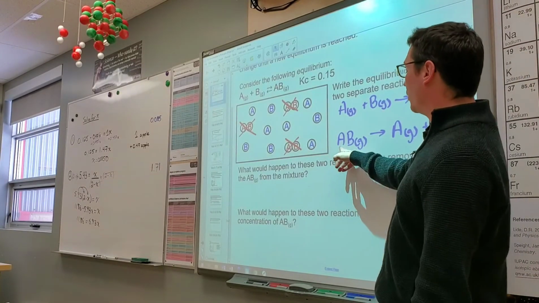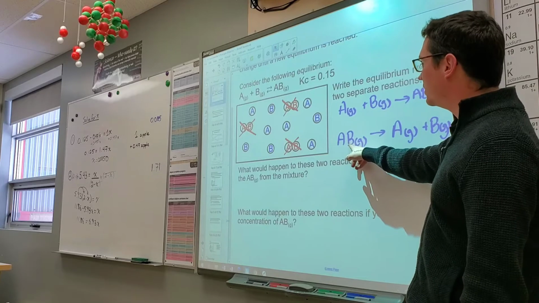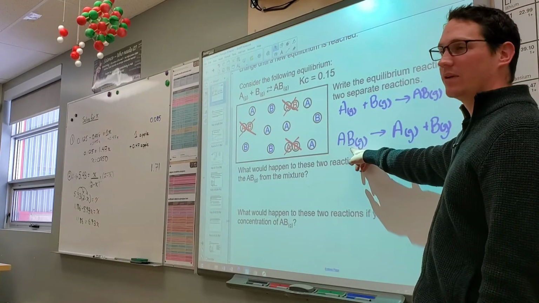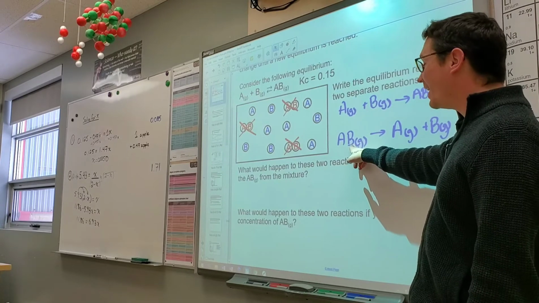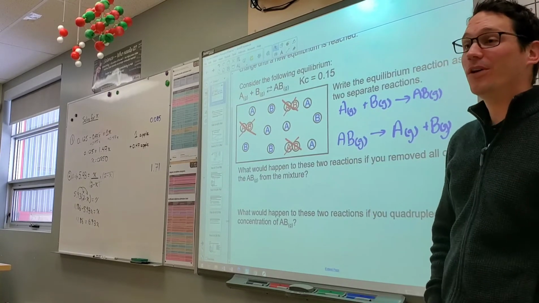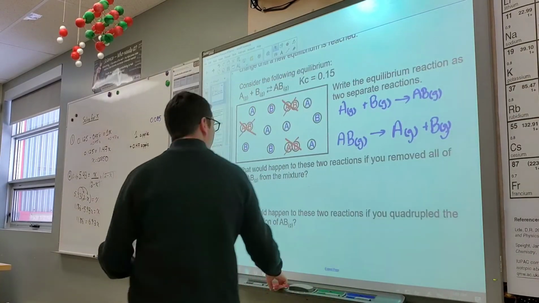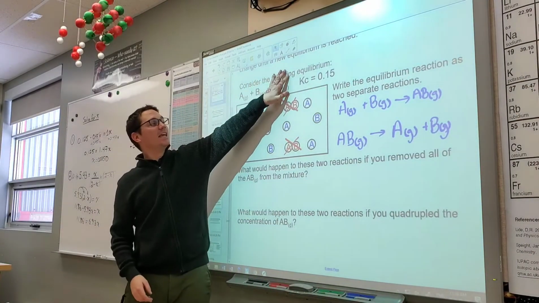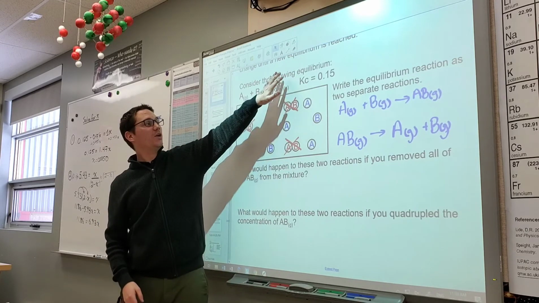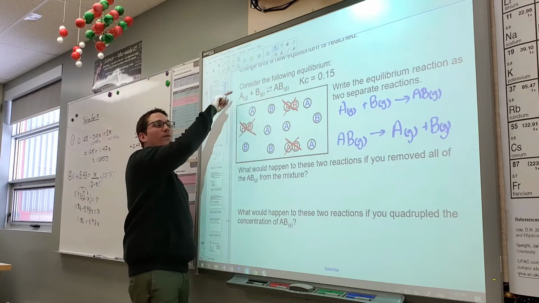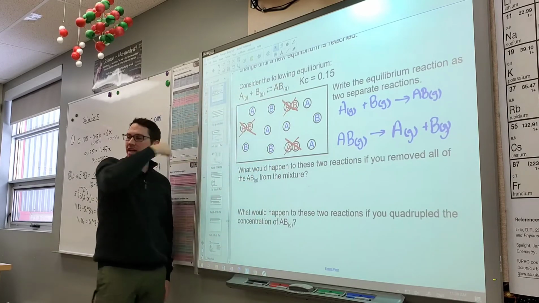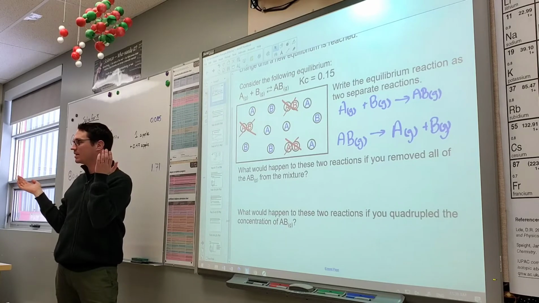But what about the reverse reaction? What about ABs turning into A's and B's? Have I affected this reaction? Are there any ABs to turn into A's and B's? No. So what I want you to think about, by taking away all of the AB, we only have forwards reaction going on. There's no reverse reaction possible. Does that make sense?